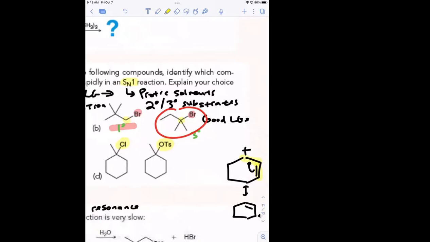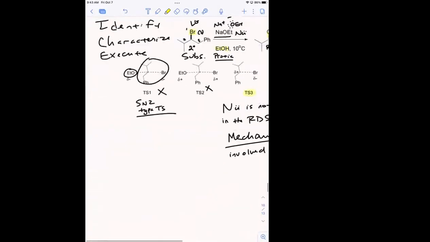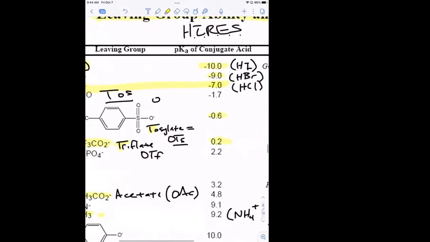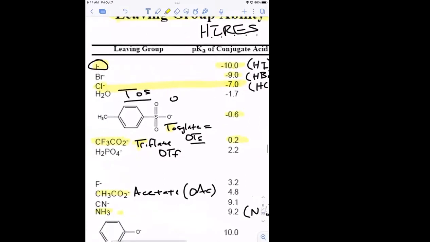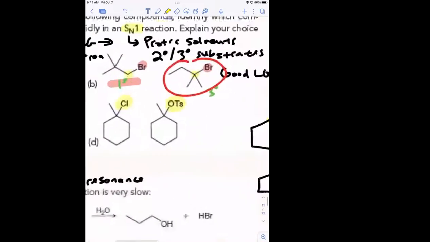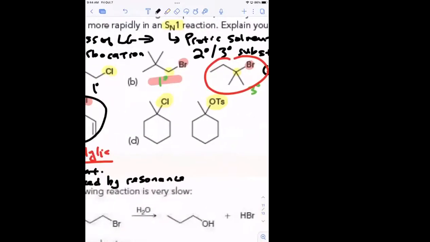Good. So all we need to do is go to our chart and see what the pKa for HCl is. Right, we see that chlorine is here. The conjugate acid has a pKa of -7. And then the other one was the tosylate, which is -0.6. So let's go back down here and put those numbers in. Here we're comparing leaving groups.